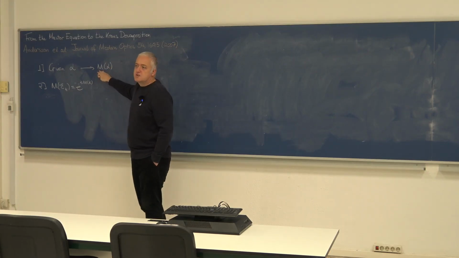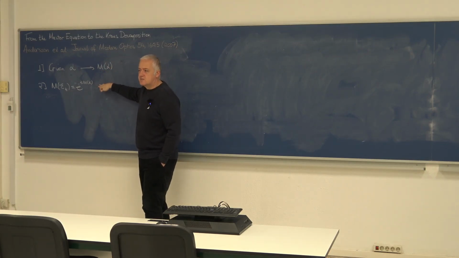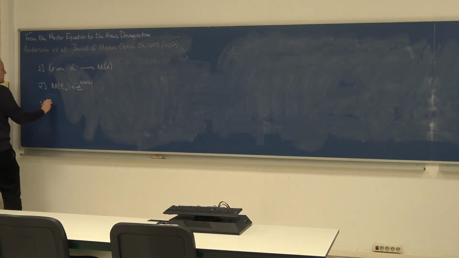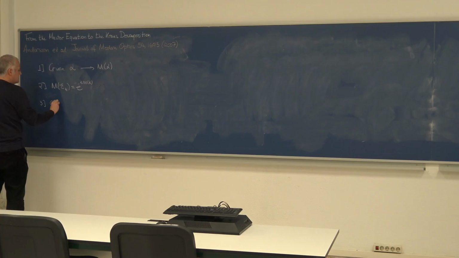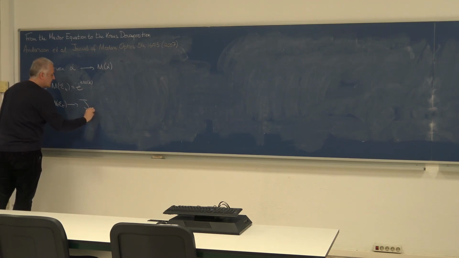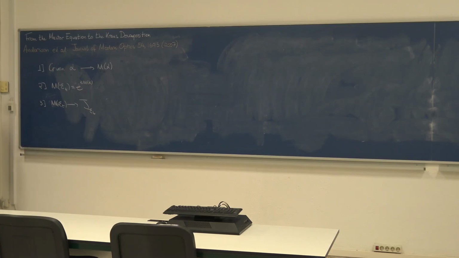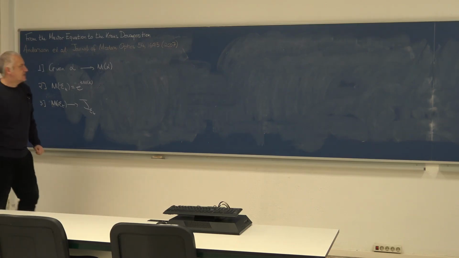This matrix here, you can always put it in Jordan form, and then you can take the exponential of it. And once you have this, the third step is to construct the Choi-Jamiolkowski matrix. So we're going to use this matrix to go to this matrix. And once you have this matrix, you diagonalize to obtain the eigenvalues and the eigenvectors. And then from the eigenvectors, you obtain the Kraus operators, okay? Essentially, this is the procedure. Okay, so I'll walk you through exactly how to do these 3 steps.